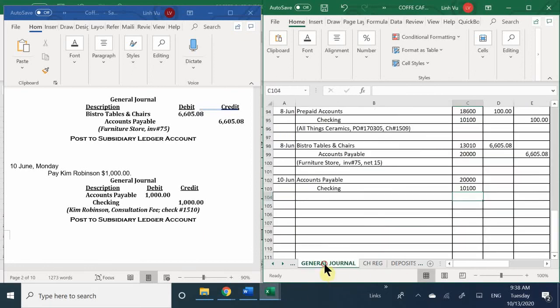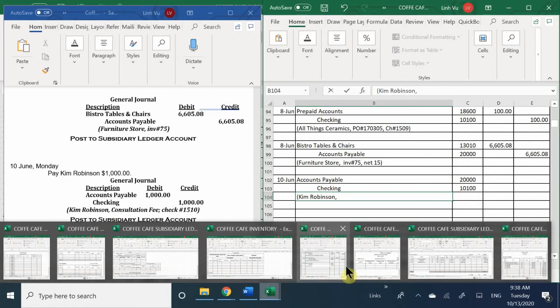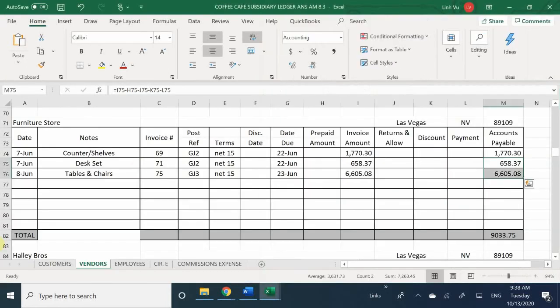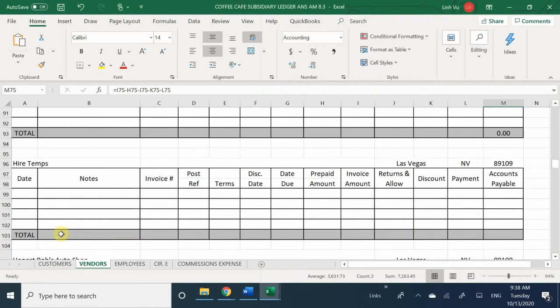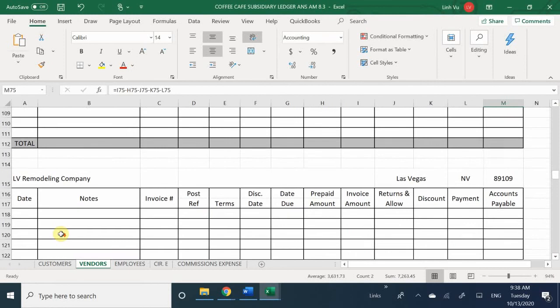So I'm going to go back to my journal and update this description, right? Kim Robinson. Right? Do I need to write anything else? I know there was an invoice number, and you need the check number. Good. I'm going to go ahead and take a look at my subsidiary ledger real quick to see what that invoice number was.